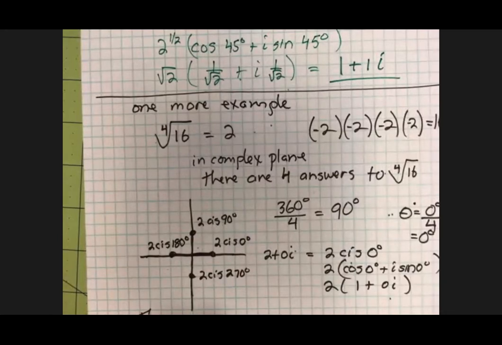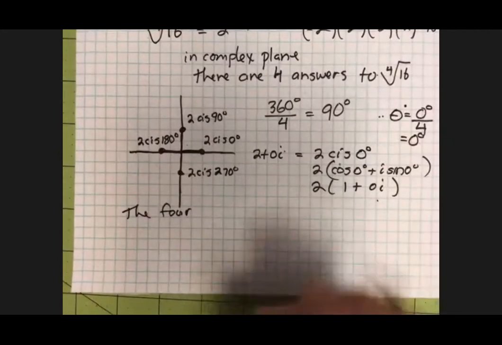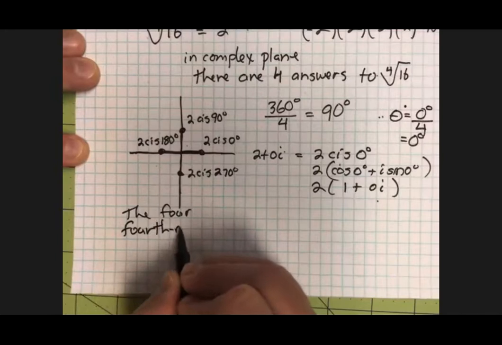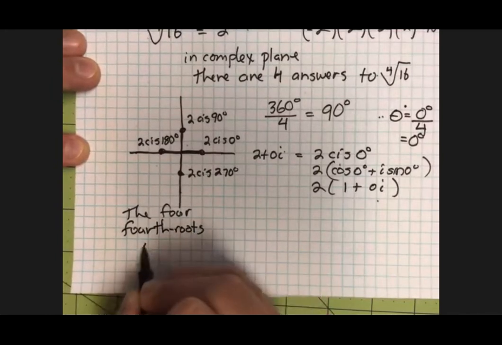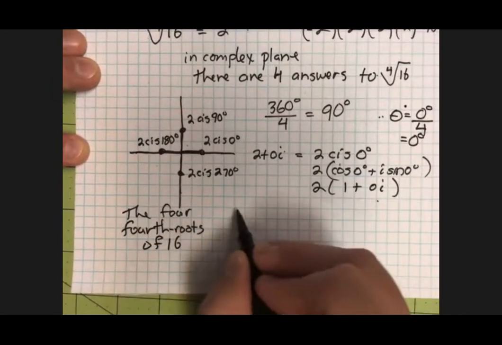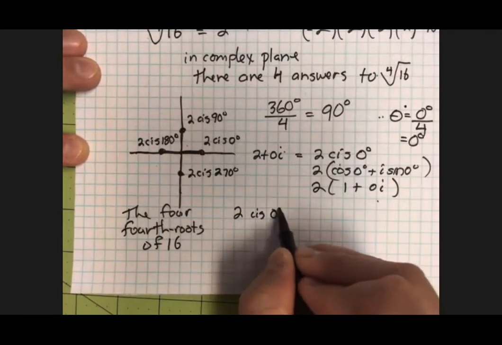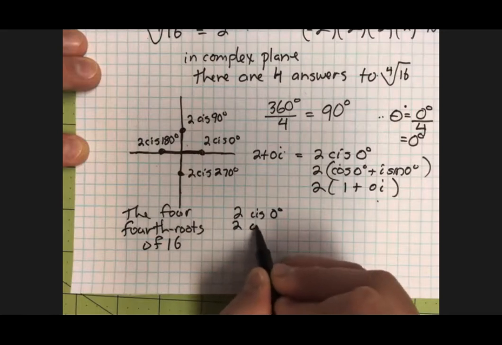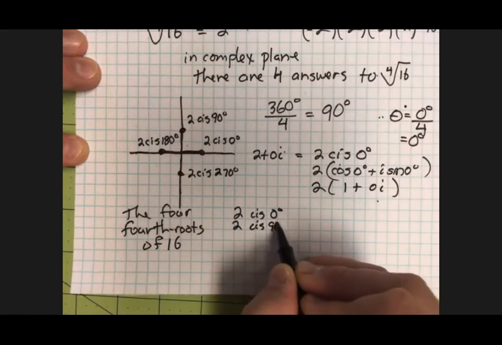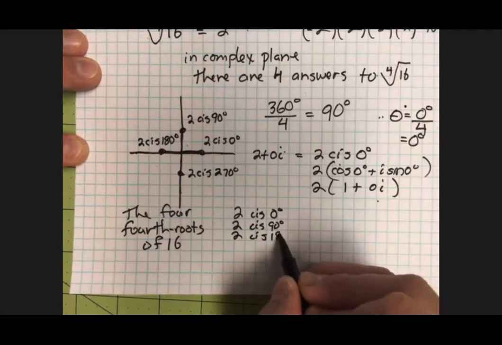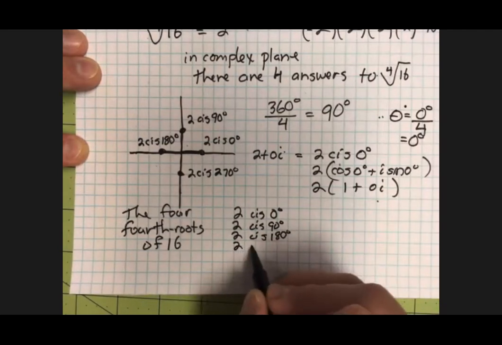And these are the 4 4th roots of 16: 2 cis 0, 2 cis 90, 2 cis 180, and 2 cis 270.